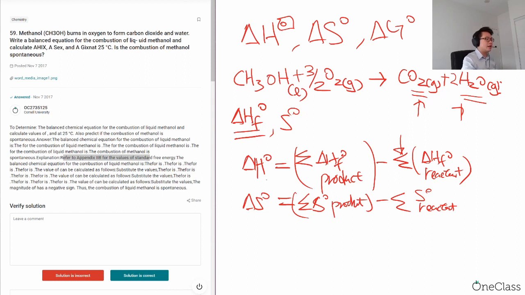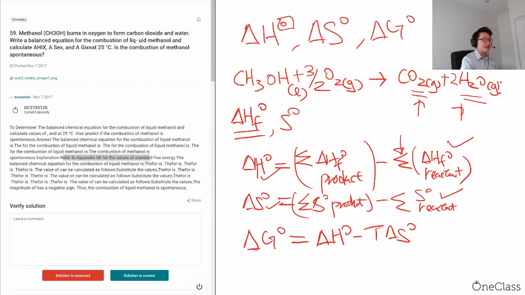So you can find delta H naught and delta S naught, but delta G, the free energy change, will equal delta H naught minus T delta S naught. If we have that textbook and appendix, we will have the value of delta HF, so we just need to apply this equation. And then we also have the entropy of individual chemical species. We apply the equation, and then we will have delta S and delta H.